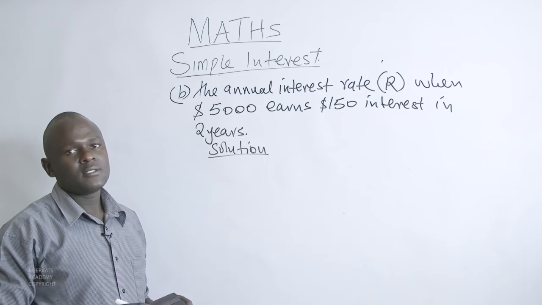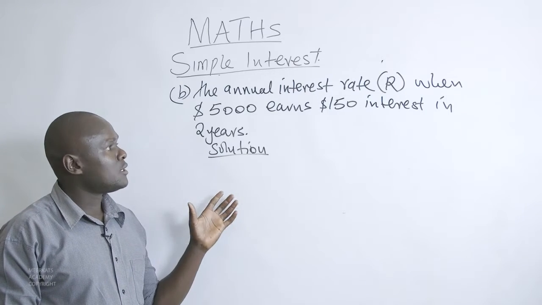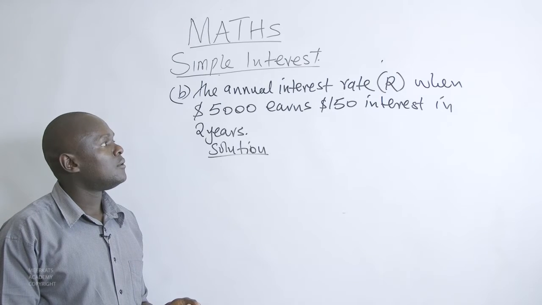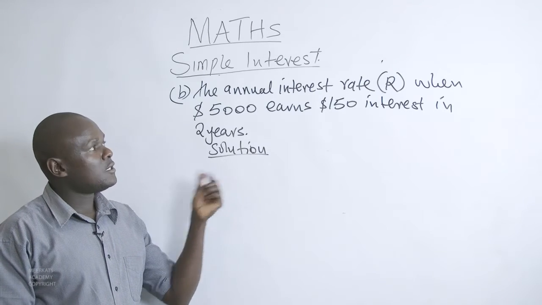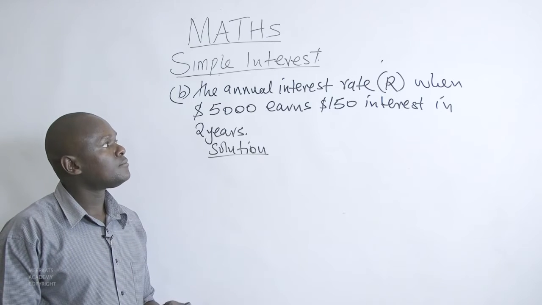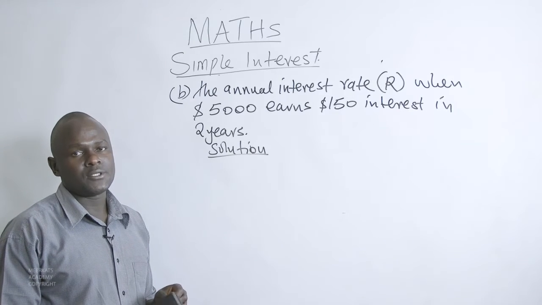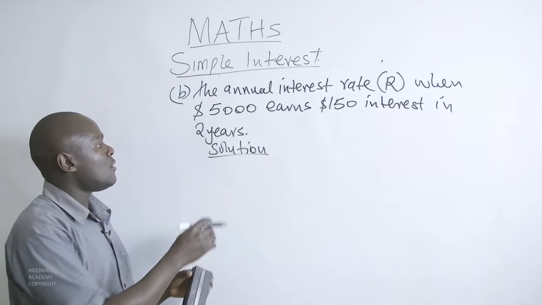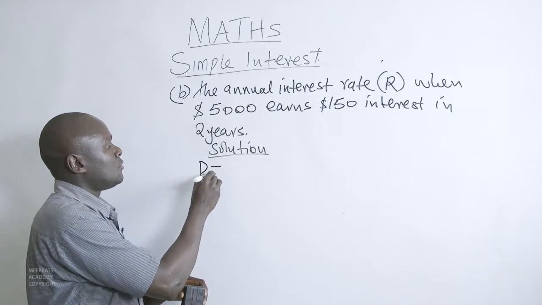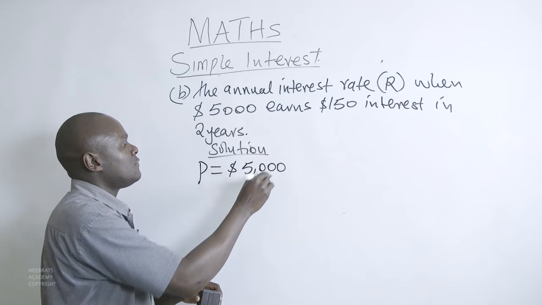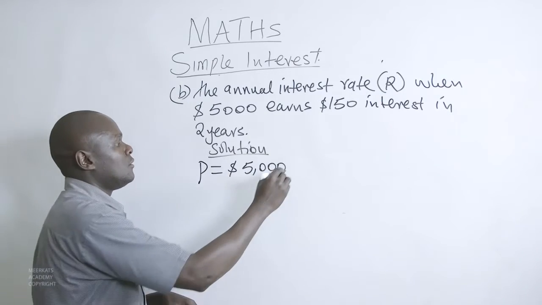Remember, in our first example, we were looking at how to calculate the simple interest itself. In this second example, we are required to calculate the annual interest rate. We have been given the principal, which is $5,000.